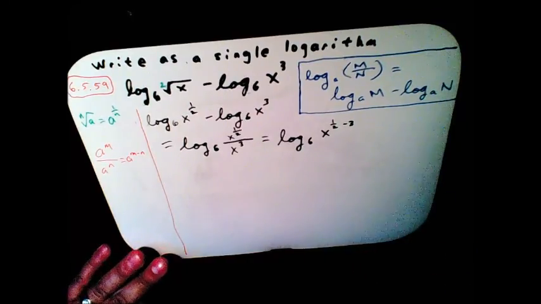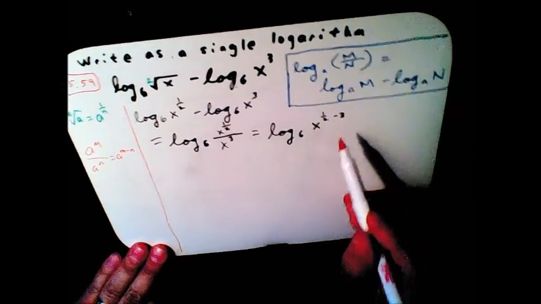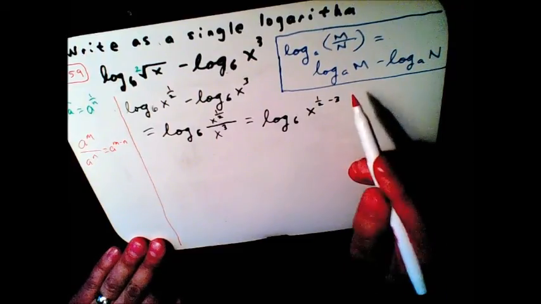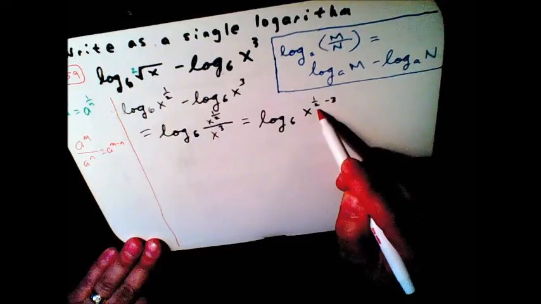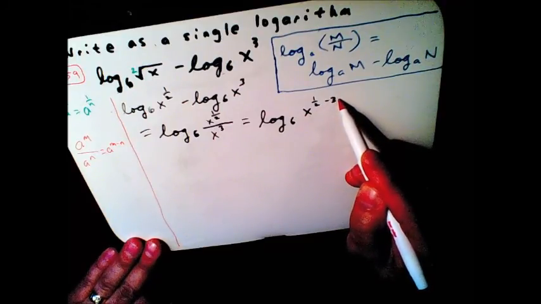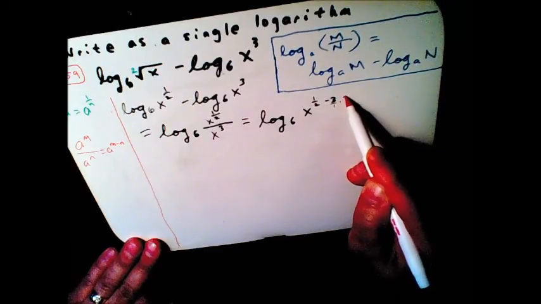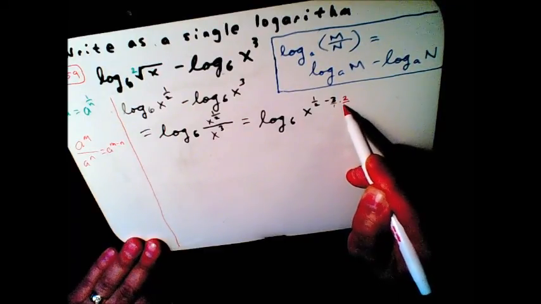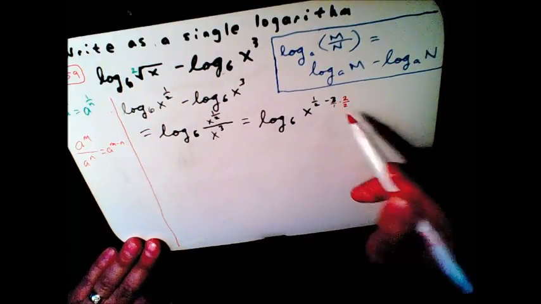And of course we're going to want to clean that up. We're going to want to add these or subtract these fractions that are in the exponent. So we can write one fraction for that. Well, that means we have to get a common denominator, which is going to be this 2. So we're going to write this 3, which is 3 over 1, as having a denominator 2 by multiplying it by 1 in the form 2 over 2, making it 6 over 2.